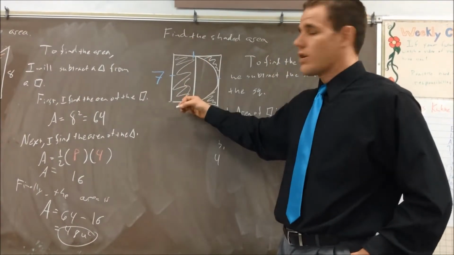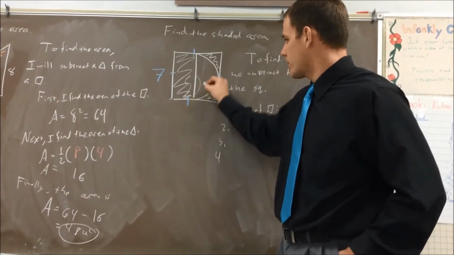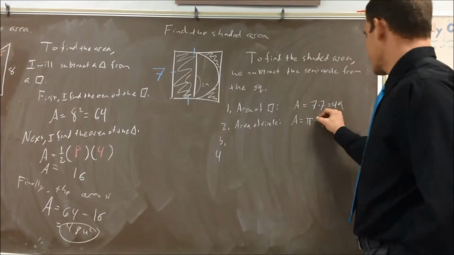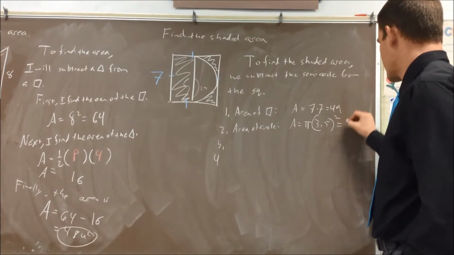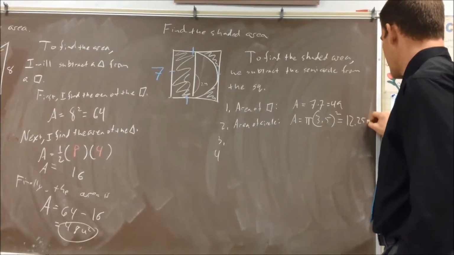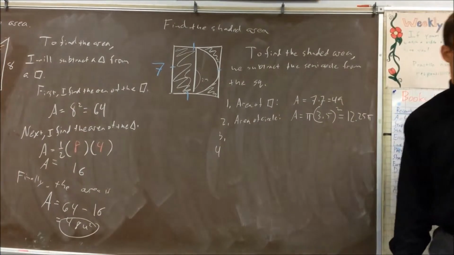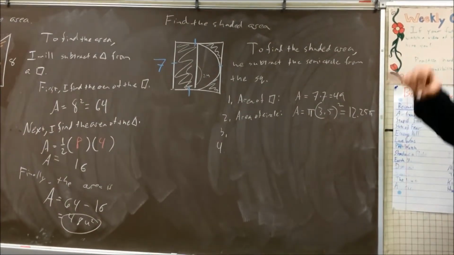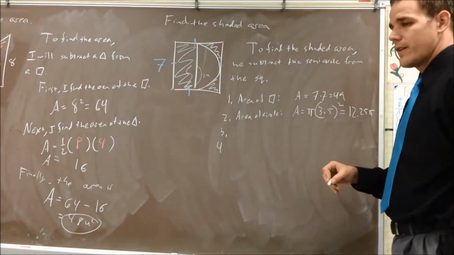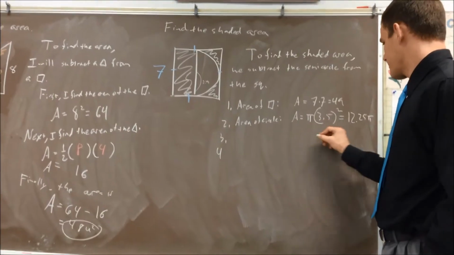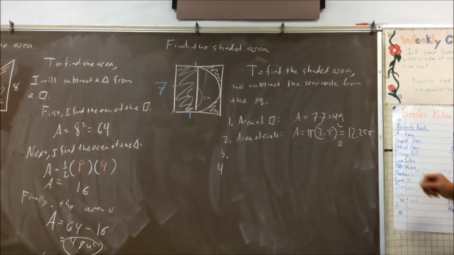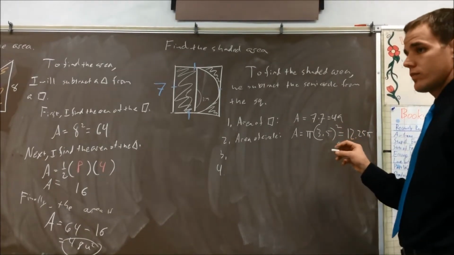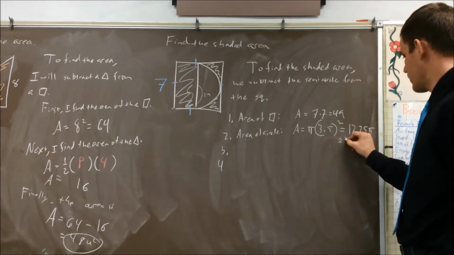It's 7 across, so from here to here is going to be 3.5. 3.5 squared, which is 12.25 pi, which, Brian, help me out here. What's 12.25 times pi? 38.48.